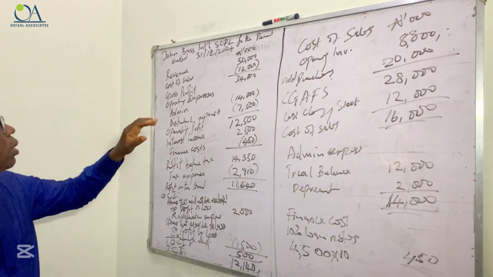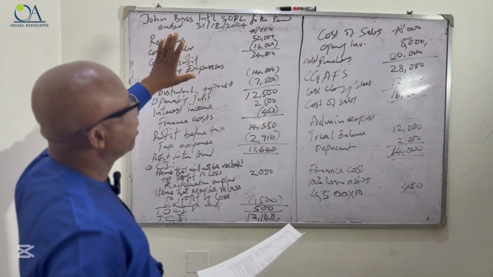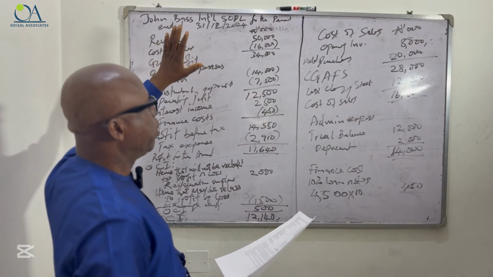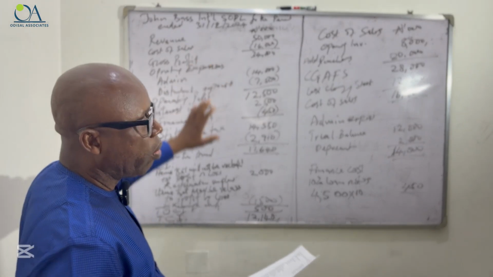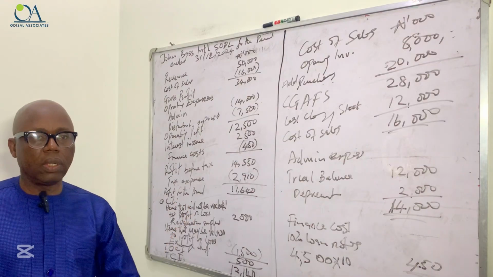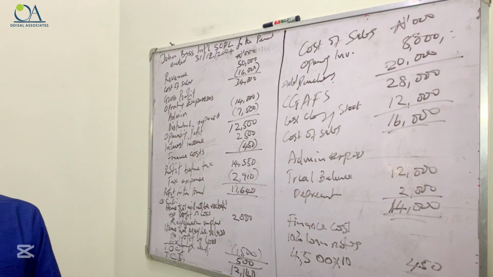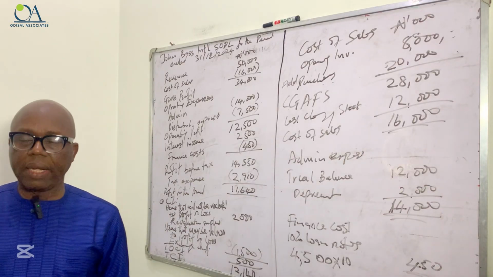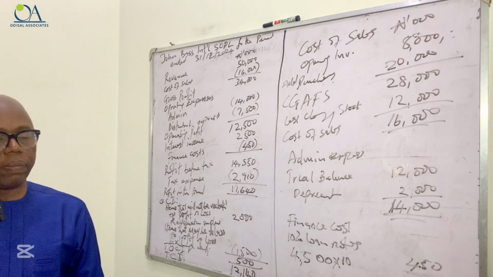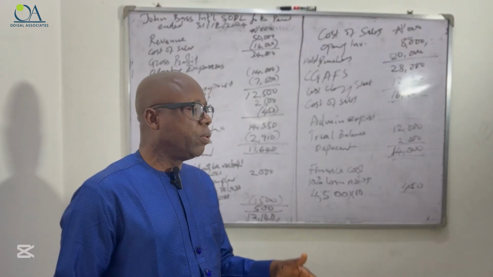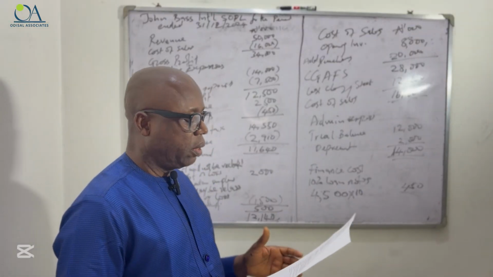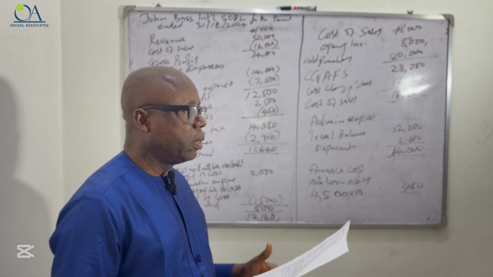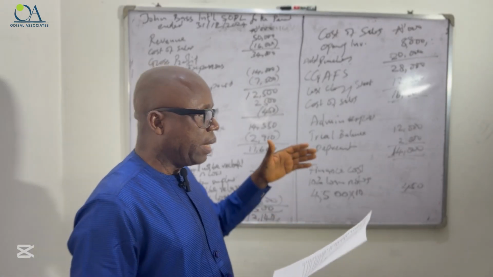The first is to prepare the statement of profit or loss and other comprehensive income, which is on the board, and also to prepare the statement of financial position. After that, you will now show the value of the investment.